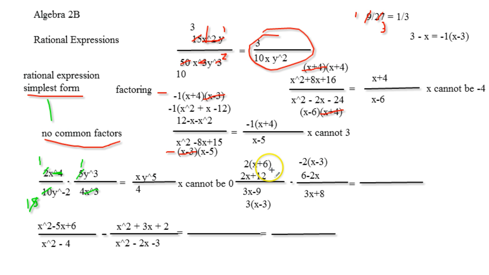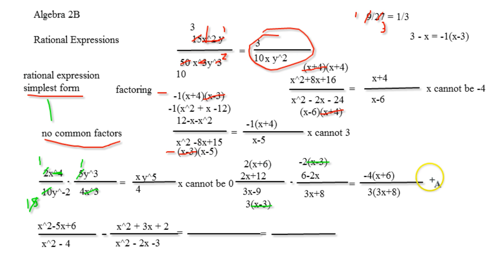Now I look for some common threads here. You cannot divide the 3's, you cannot cancel the 2's, so don't try when they're across from each other. But I can simplify the x minus 3's. And up top, I could just multiply straight across. So negative 4 times x plus 6, I'd say just leave it as is. And on the bottom, I would have 3 times 3x plus 8.